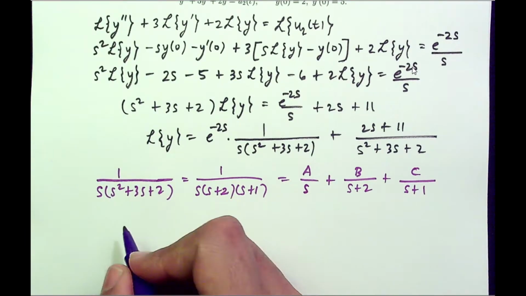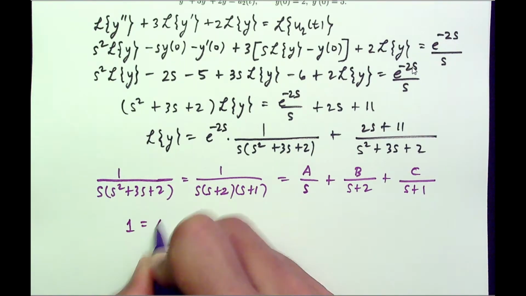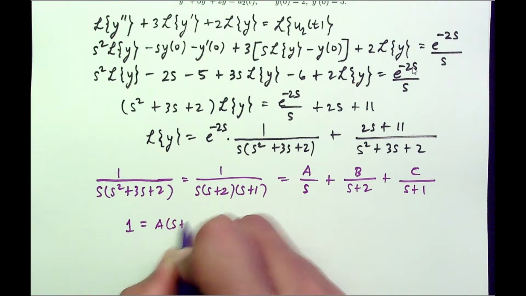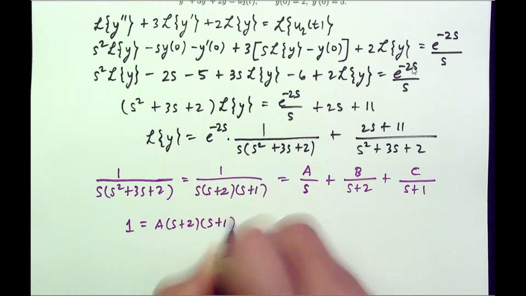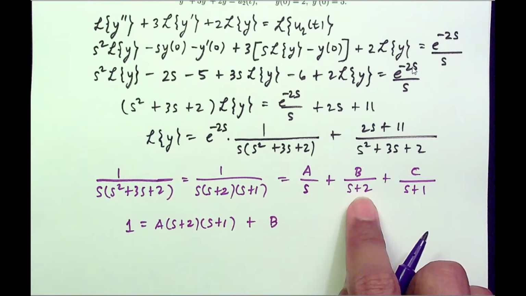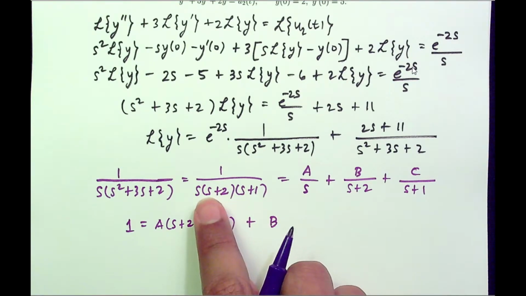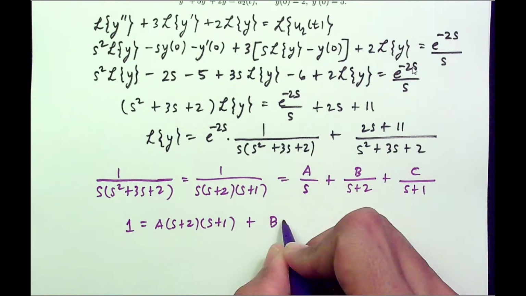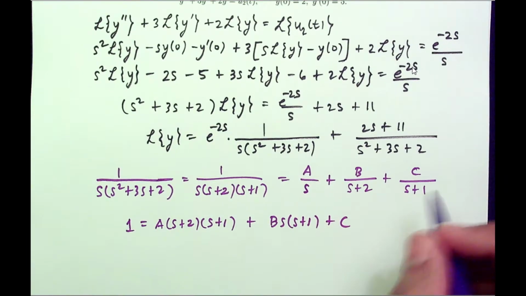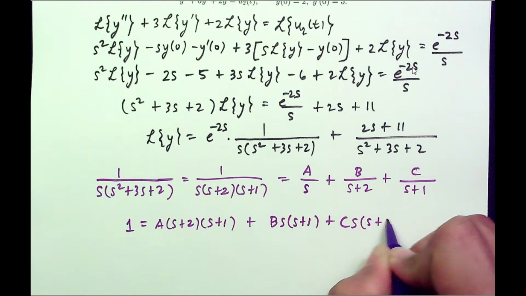We're going to get 1 equals, and then when you multiply by that, the s cancels, so you end up with this part, s plus 2, s plus 1, plus, now b, the s plus 2 cancels when you multiply by this, and now you are left with s plus 1. In the last term, the s plus 1 cancels, so you end up with s plus 2.